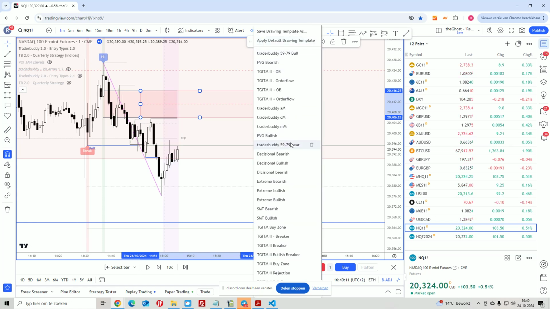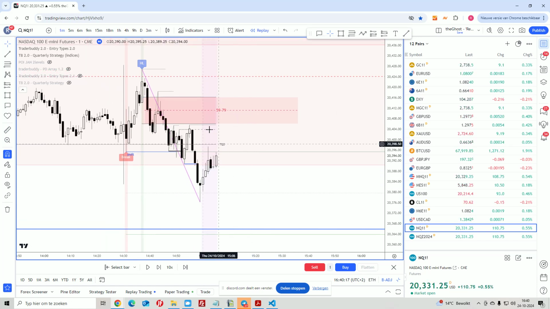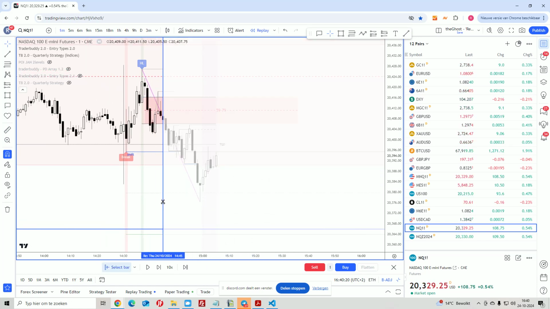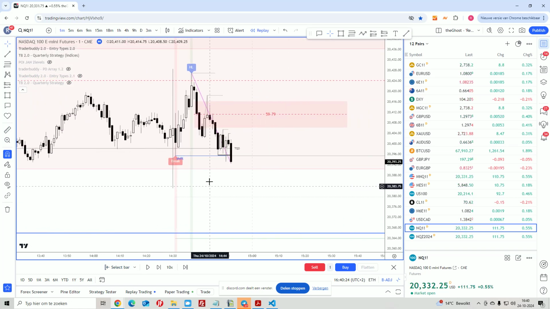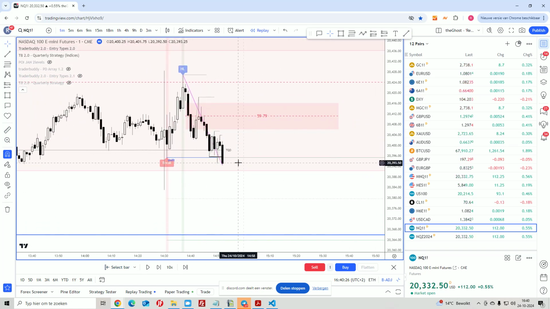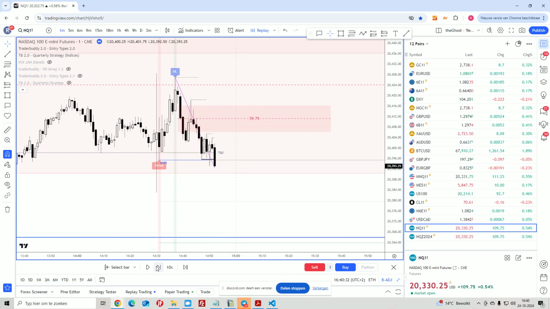It is the 59 to 79. It's a dynamic level. I'll show you, because if we are here, the level is not even plotted because we did not trade below the low there. So let's see.